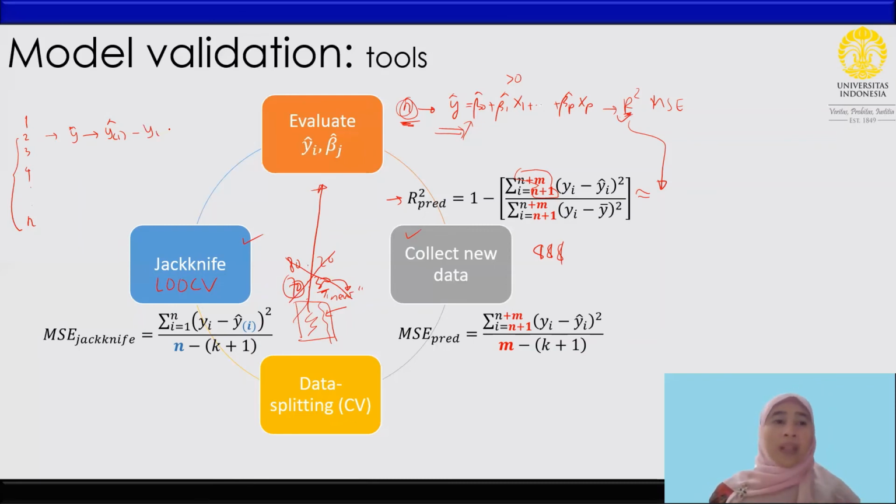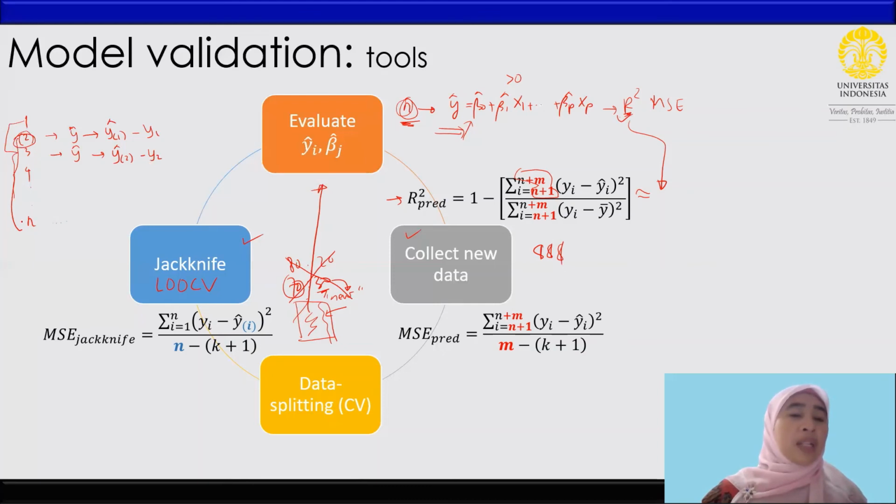And then we repeat that. In the second step, we leave out the second observation, use observations 1, 3, and so on, and get the equation for the regression line. We use this equation to predict the second data point and compare it to its actual value.